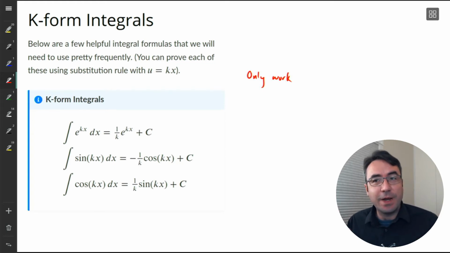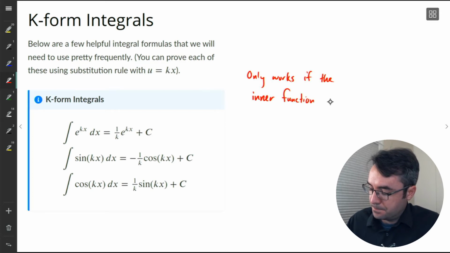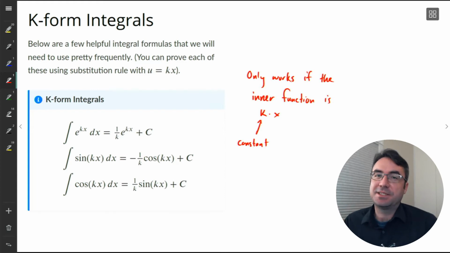If there's an x squared, if there's an x cubed, if it's square root x, if it's any other kind of x term, it becomes more complicated. So this only works if the inner function is k times x. It can't be x squared or anything like that.